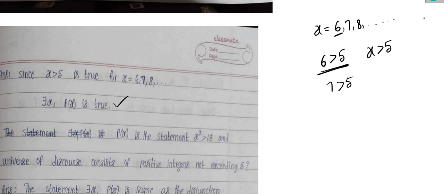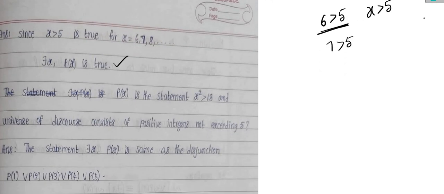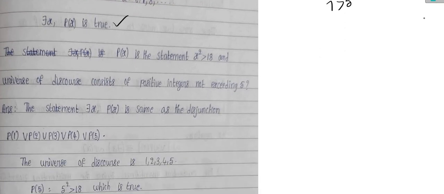Next one, P of x is the statement x square greater than 18 and the universe of discourse consists of positive integers not exceeding 5. In the previous example I took a conjunction, because there we had for all x. Here there exists, that's why here I am taking a disjunction.